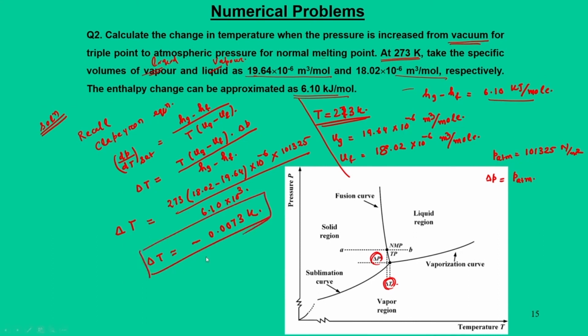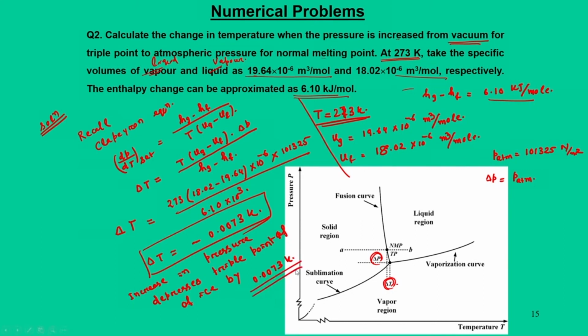So what is the significance of this number? It means that the increase in pressure depresses the triple point of ice by minus 0.0073 Kelvin.